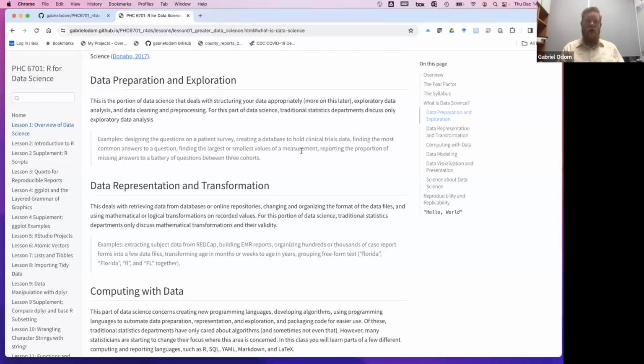And the first is data preparation and exploration. We have an example here: designing the questions of a patient survey, creating a database to hold clinical trials data. The whole point of this is, can we structure our data, before we start collecting it, in a way that is going to prevent problems coming down the road?